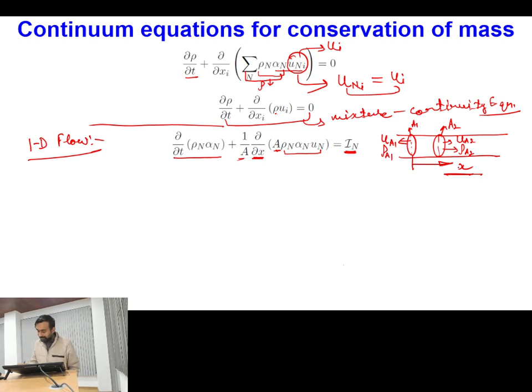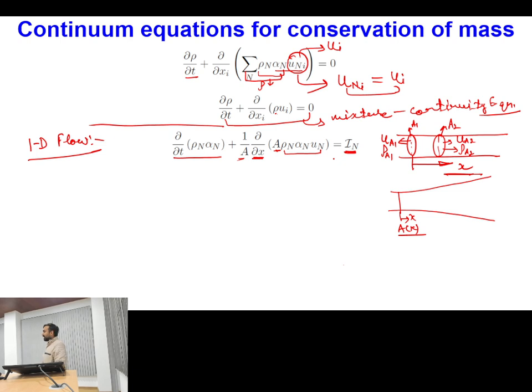Now, if I consider that my pipe cross section is something like this, what is happening? This area is nothing but a function of x. Area is not constant. So if area is not constant, I cannot take this out. But if area is constant, then simply the area can be taken outside, and then this equation will be simply del by del x of rho n alpha n un.